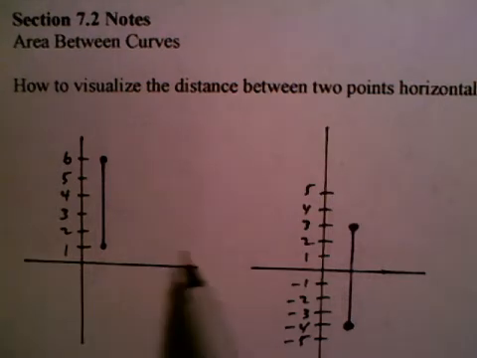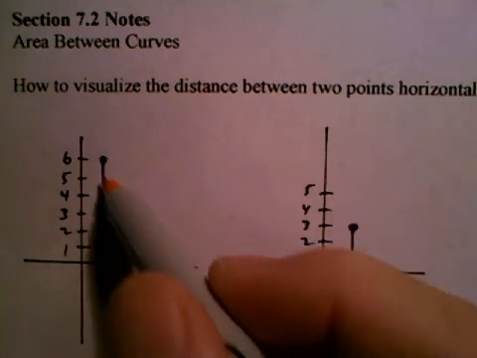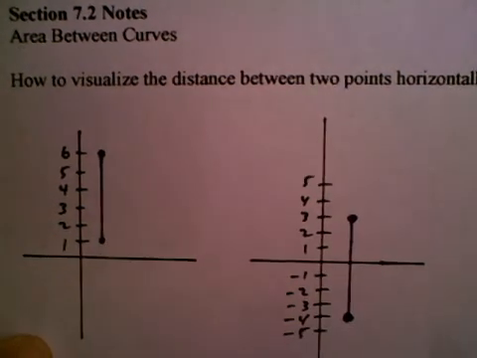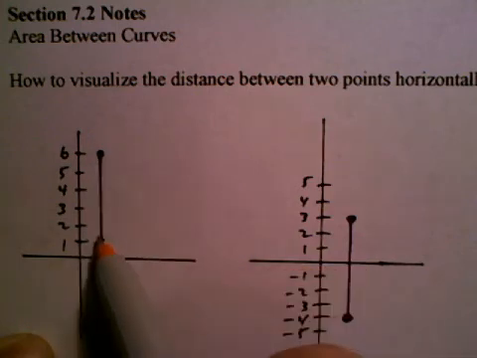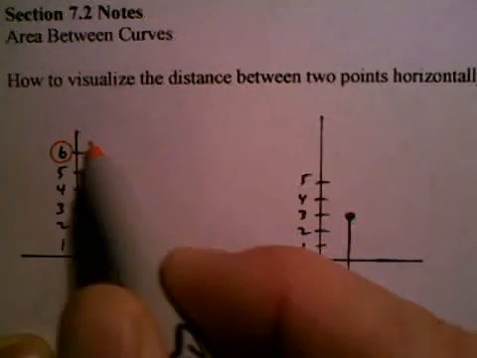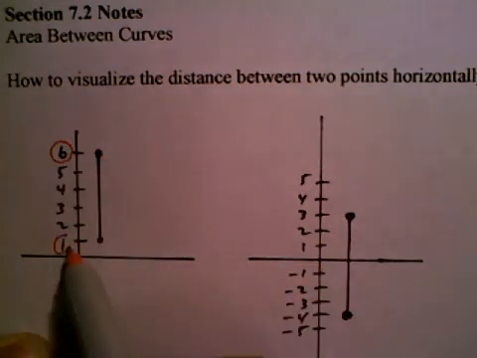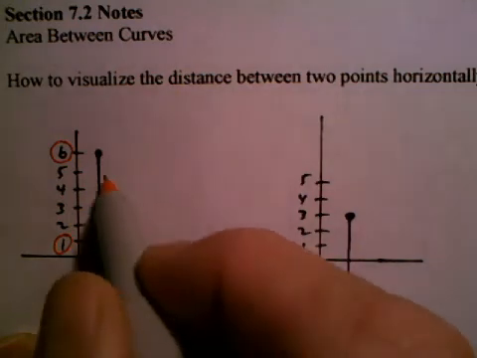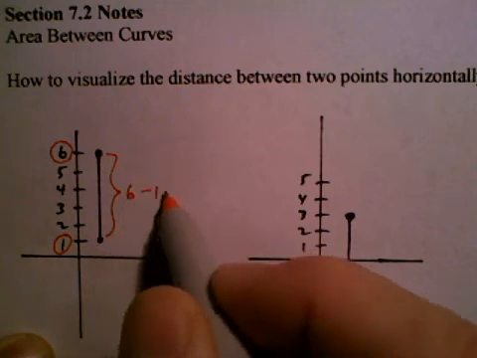Now your papers don't have these drawings in them, so you might want to just sit back and watch. If I wanted to find the distance between these 2 points vertically, you probably already have this, but just to make sure: if the first point has a y-coordinate of 6 and the one on the bottom has a y-coordinate of 1, then the distance between the 2 points would be 6 minus 1.